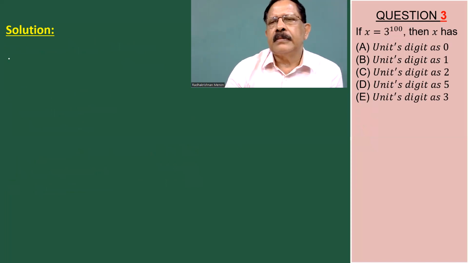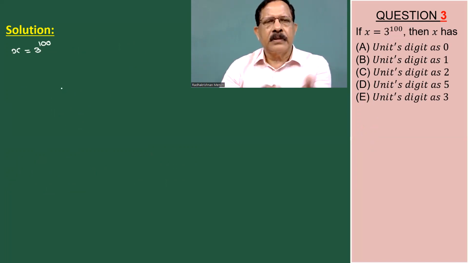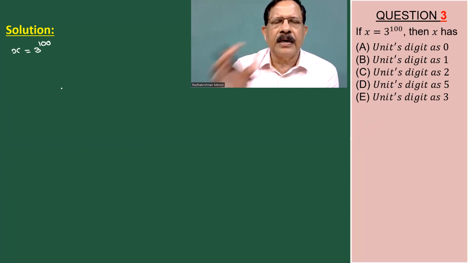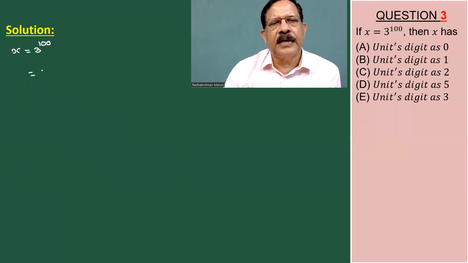Now, x is equal to 3 raised to 100. So you want to find out the digit appearing in the unit place when you are writing this as a natural number. Okay, so I am rewriting the same expression as 3 raised to 4, raised to 25, which is equal to 81 raised to 25.